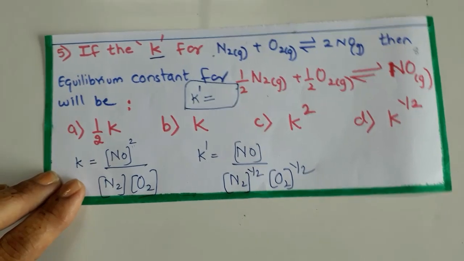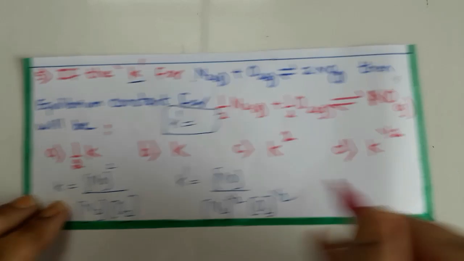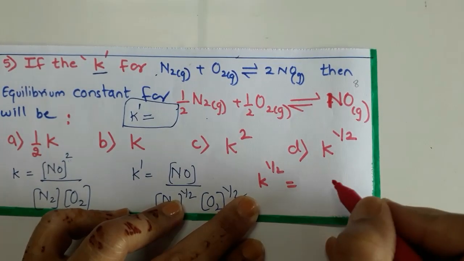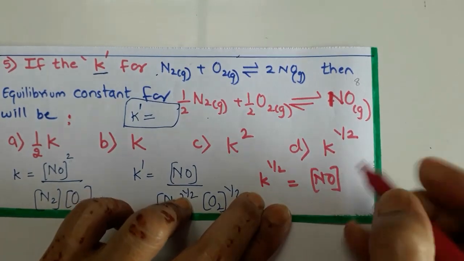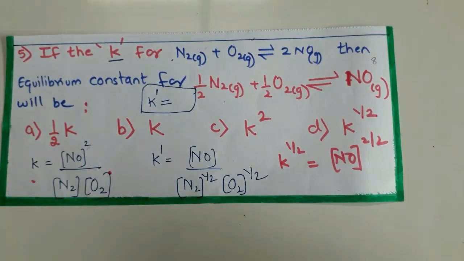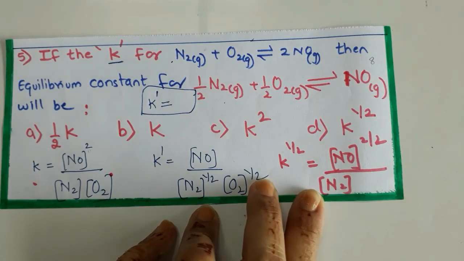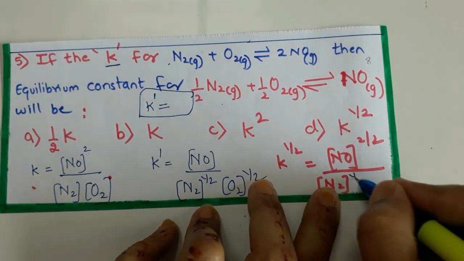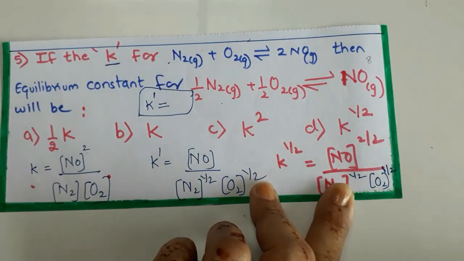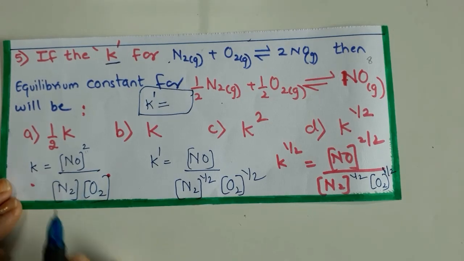Square root on both the sides means I will be writing here K raised to 1 by 2 is equal to NO raised to 2 by 2 upon N2 raised to 1 by 2 and O2 raised to 1 by 2. We are taking square root on both the sides. So when you take square root on both these sides, what is happening?